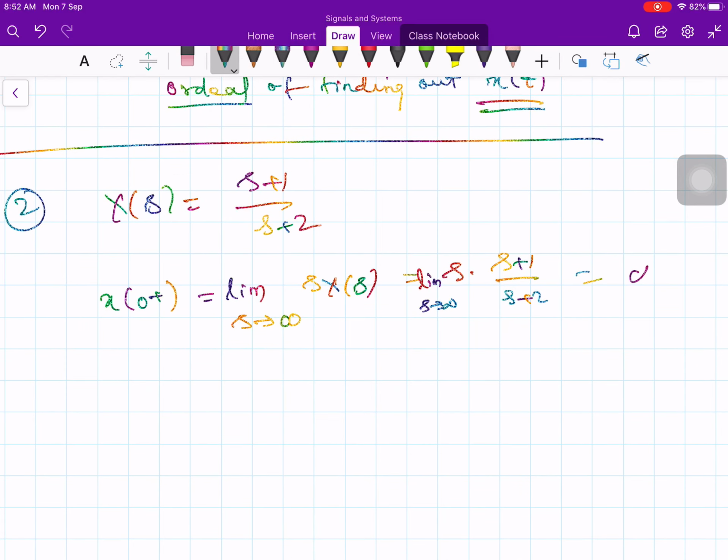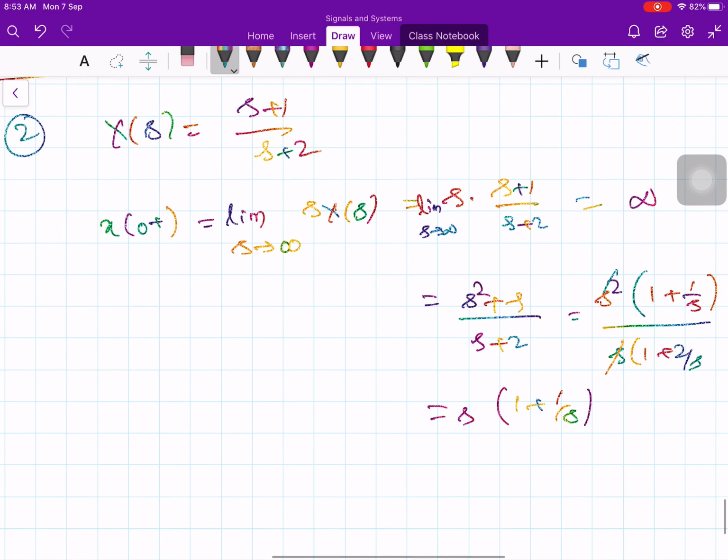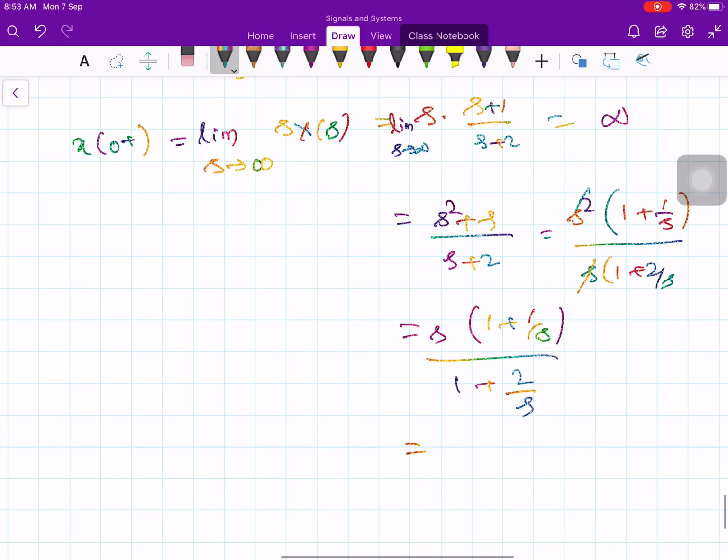That violates the condition, because it becomes (s squared + s) divided by (s + 2). In the numerator I can take s squared commonly outside, and in the denominator s, so s times (1 + 1 by s) divided by (1 + 2 by s). Then you can cancel, and again you have the s term, (1 + 1 by s) divided by (1 + 2 by s). Now you substitute infinity: infinity times (1 + 0) divided by (1 + 0). So it becomes infinity.